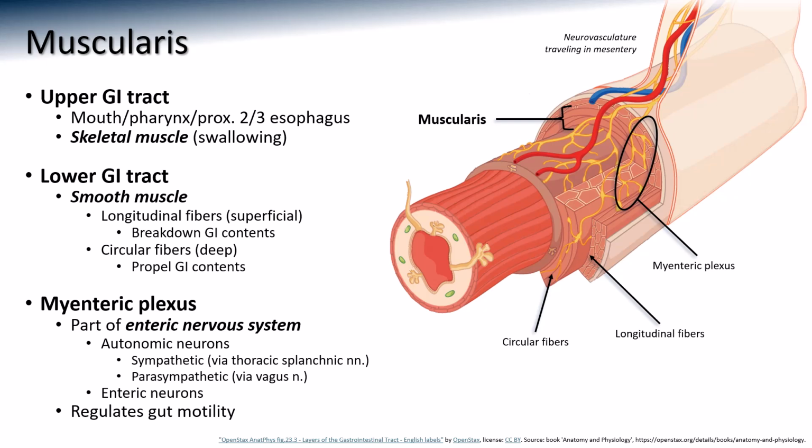The fibers of the outer layer are arranged longitudinally, and they help to break down things passing through the tract. The deeper layer is made up of circular fibers. So here you see nice longitudinal fibers, and here you see circular fibers there. And these are going to fire sequentially to push GI contents down distally toward the end of the tube.